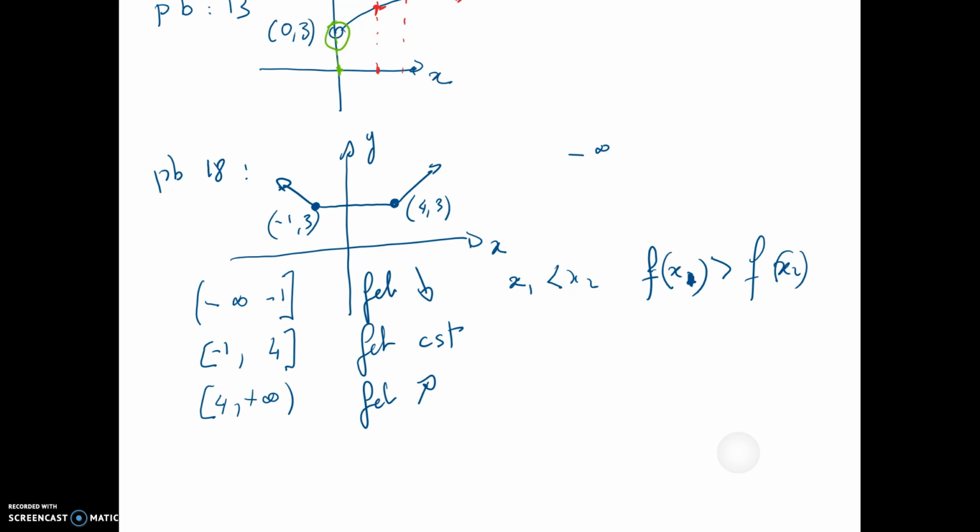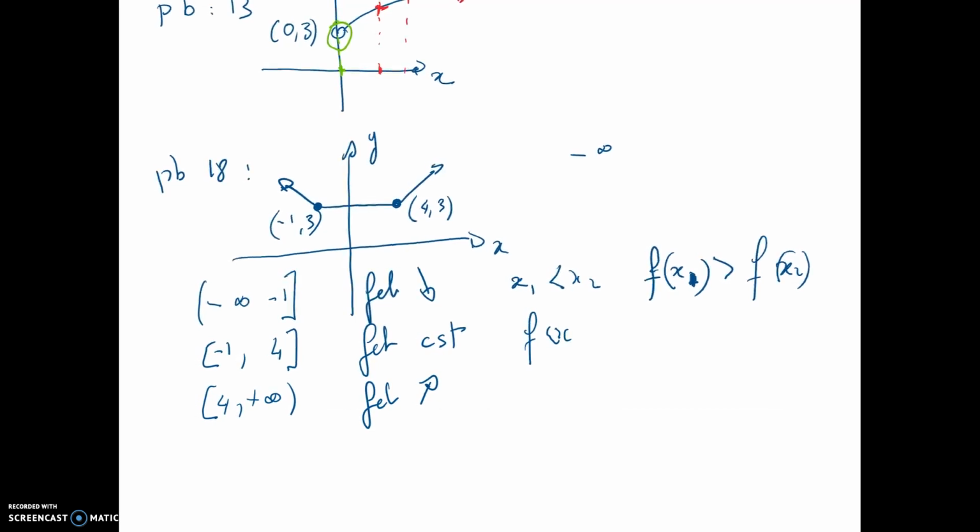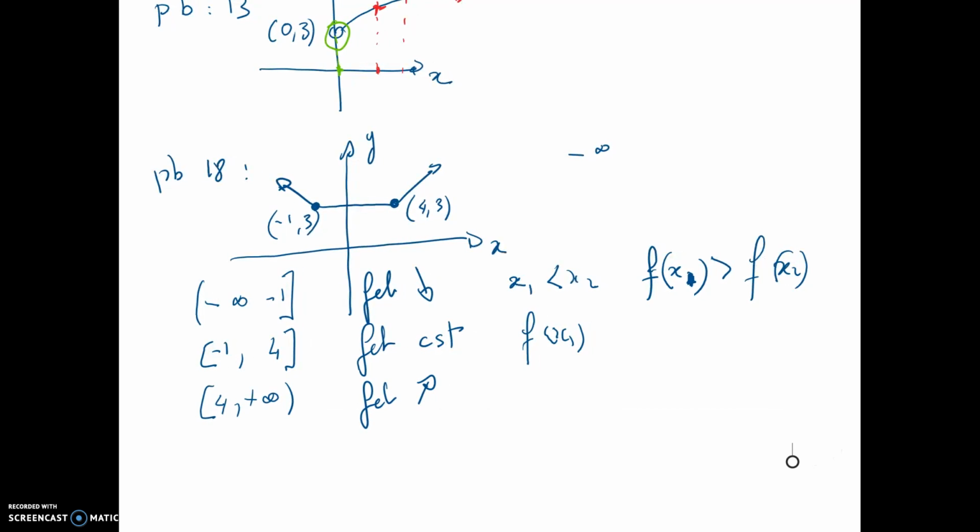Now, on this one, wait, I need to change the tip of my pen. Okay, so f of x1 equals f of x2. And you will also prove in this case that if you have x1 less than x2, f of x1 is supposed to be less than f of x2, and that means your function is increasing.